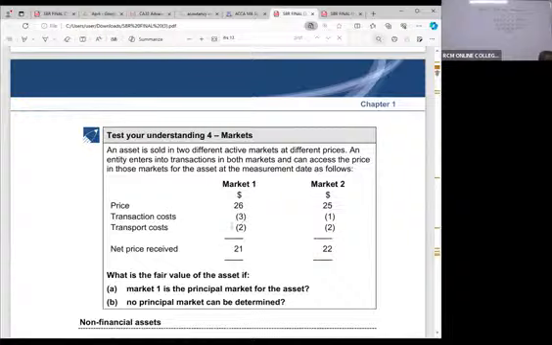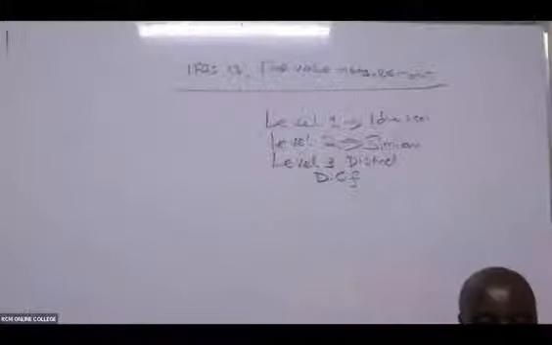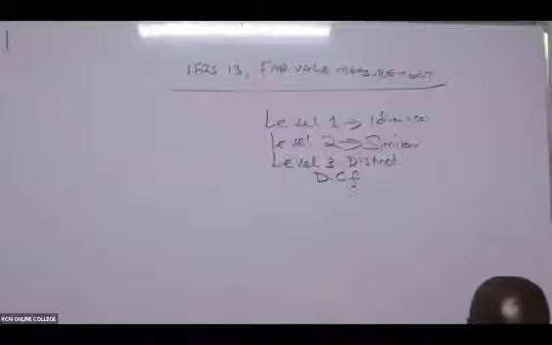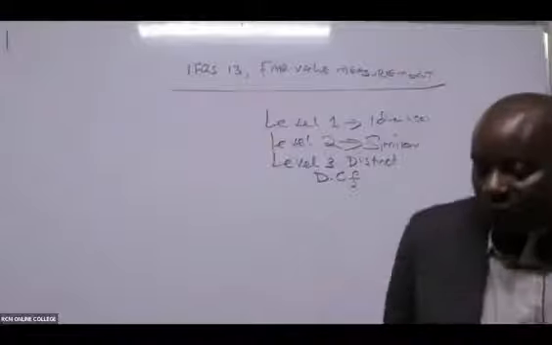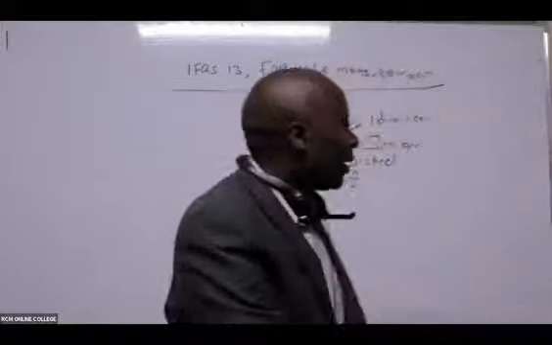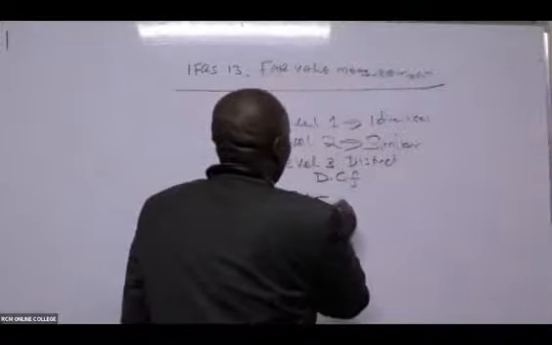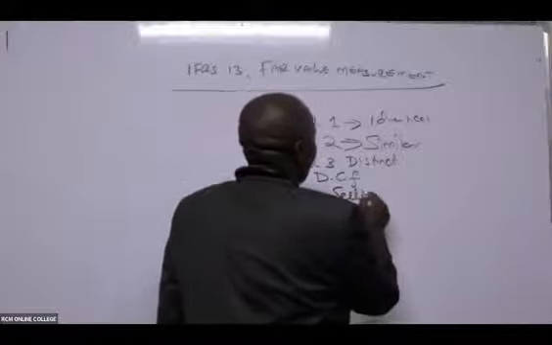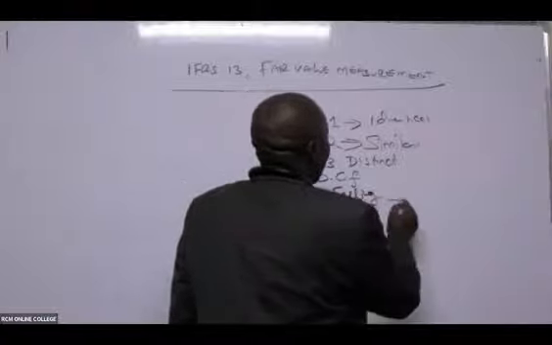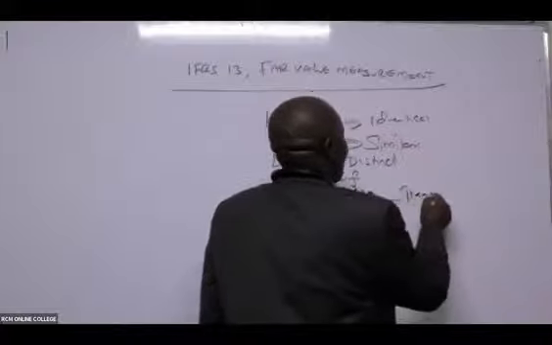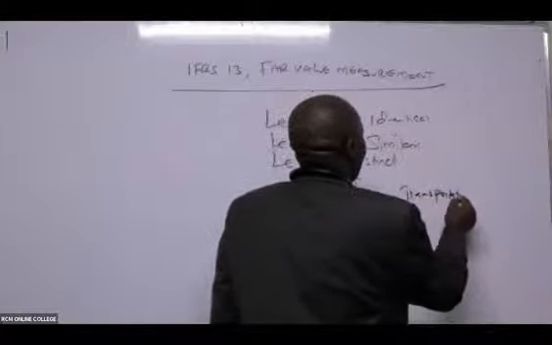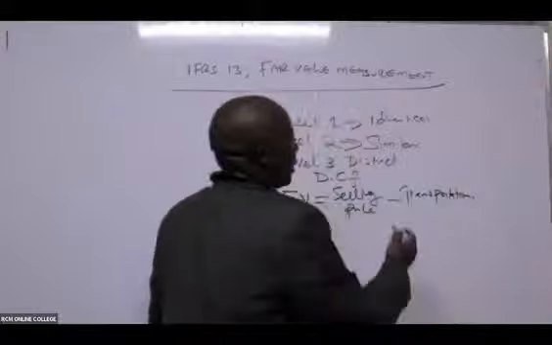So if market 1 is our principal market, the only market we have at the moment, how do I get this fair value? I'll simply take the selling price minus transportation costs.